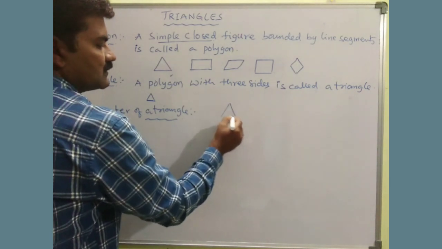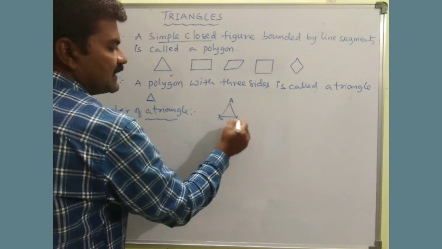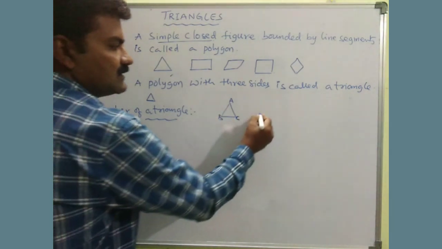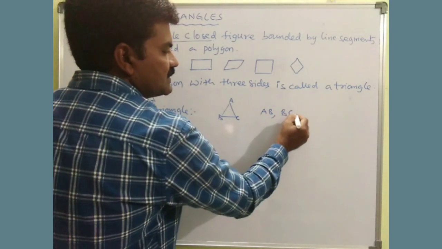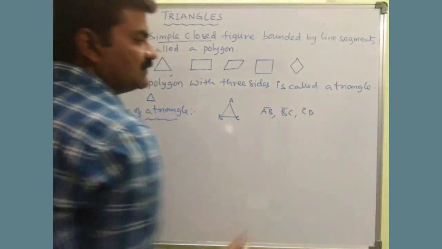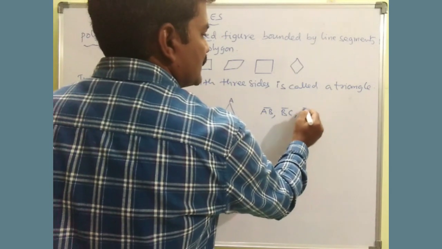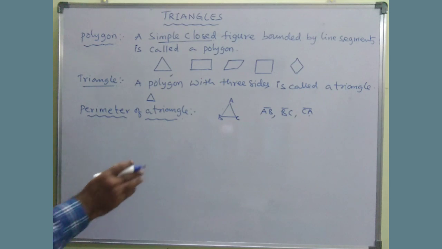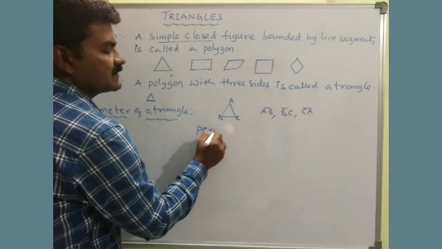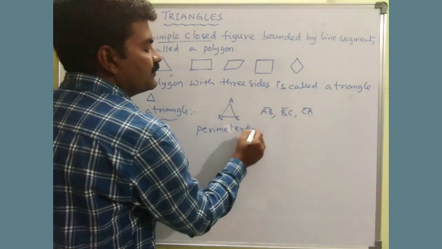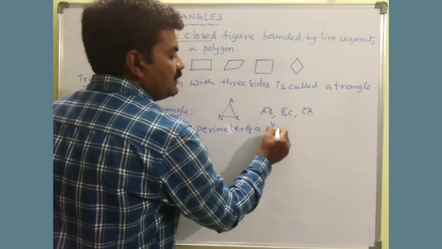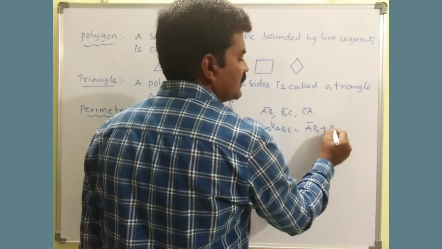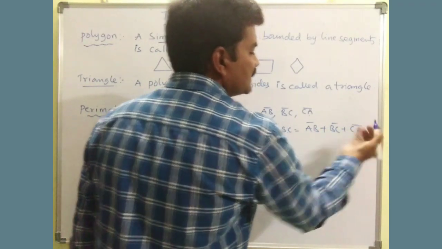See, for example, ABC be the triangle with sides AB, BC and CA. Then the sum of these sides, the perimeter of triangle ABC, is derived as the sum of the three sides, AB bar plus BC bar plus CA bar.